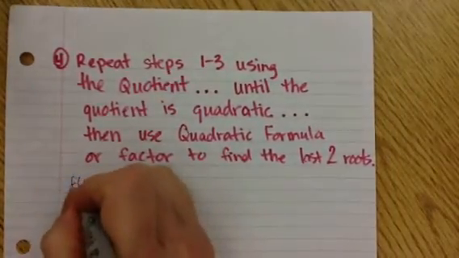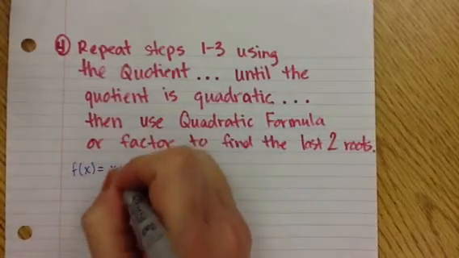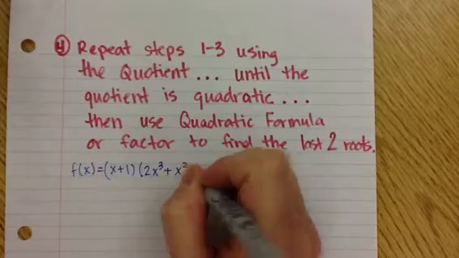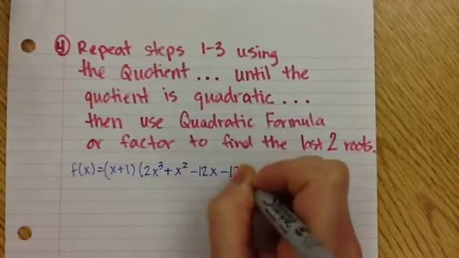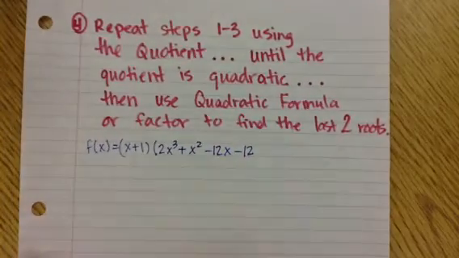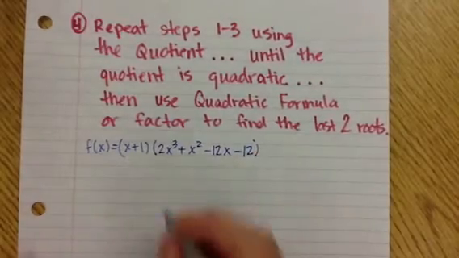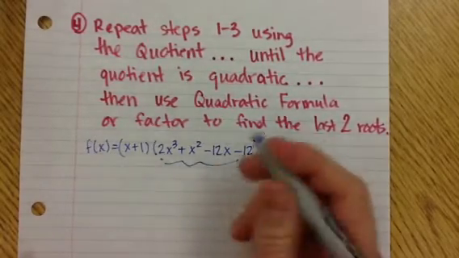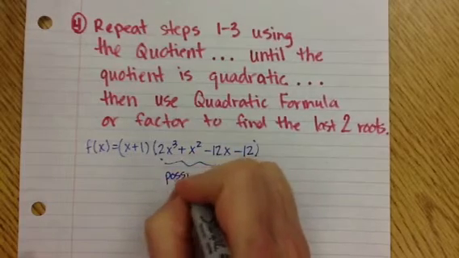So now our function is broken down into x plus 1 times 2x cubed plus x squared minus 12x minus 12. So step 1 was to list the possible roots. This time we are using this part of our function for our possible roots.